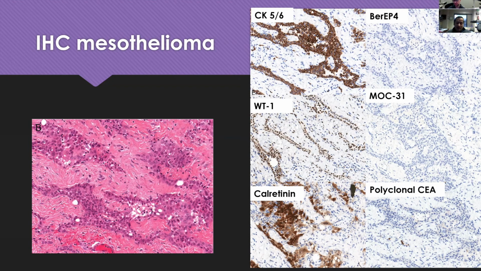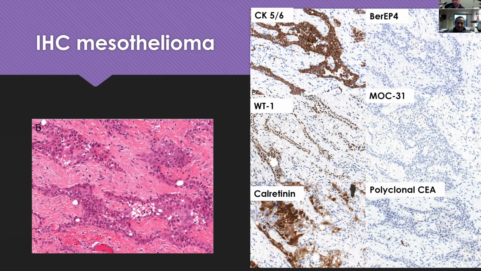Of course you would think of that in your differential. But this panel that you've beautifully photographed here, Matt, is mainly meant to differentiate mesothelioma from adenocarcinoma. When people say, well, this was a melanoma and the panel didn't work, well, it's not meant for melanomas.